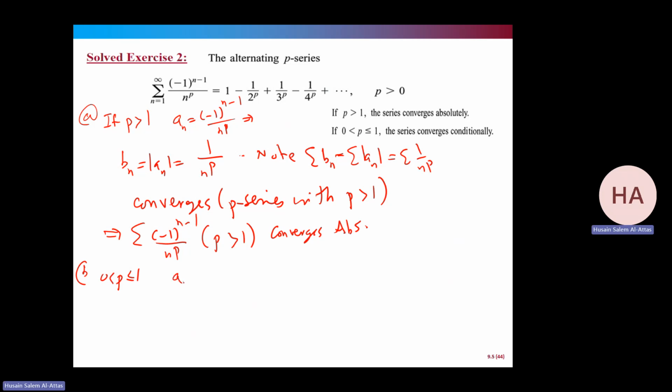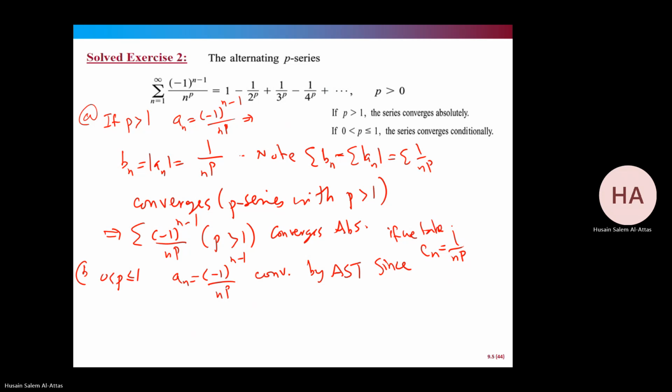If I take an equals minus 1 to the power n minus 1 over n to the power p, then this converges, easy to check by the alternating series test, since the limit of cn is 0 and cn plus 1 will be less than cn.